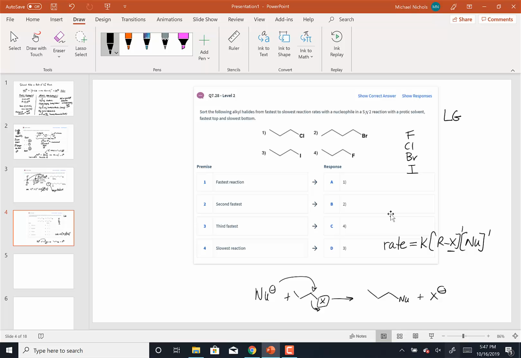Leaving group ability is based on what? One thing. It's based inversely on basicity.